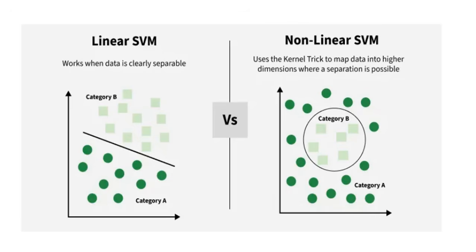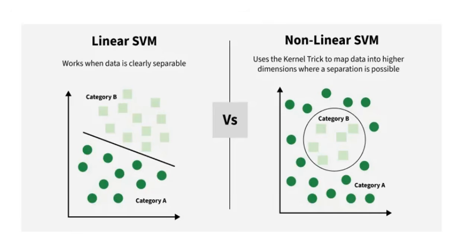The straight line is called the decision boundary or the hyperplane in SVM. The main goal of linear SVM is to find the optimal hyperplane that separates the two classes with the maximum possible margin. Now, what exactly is a margin?